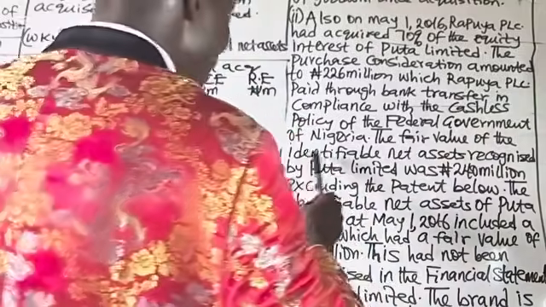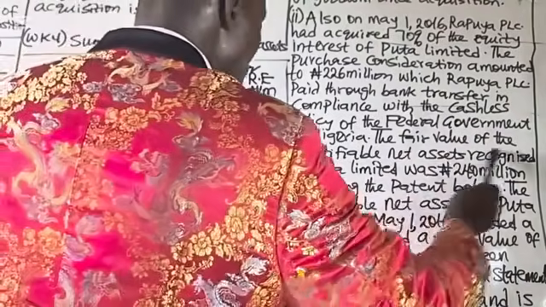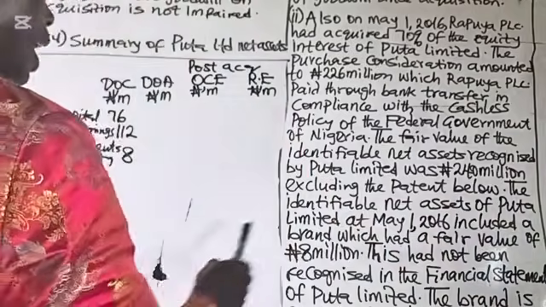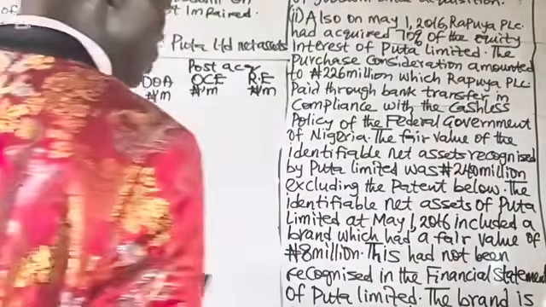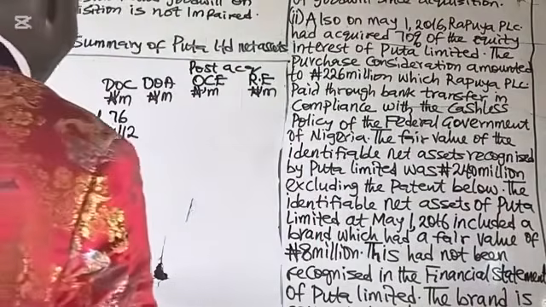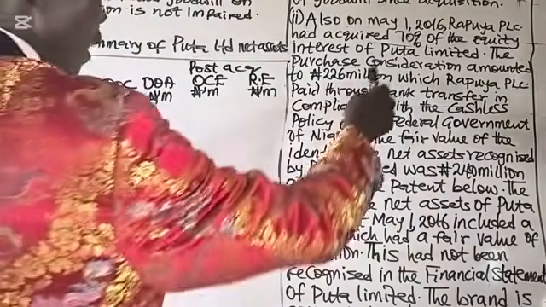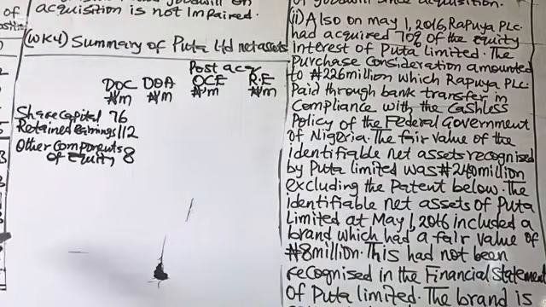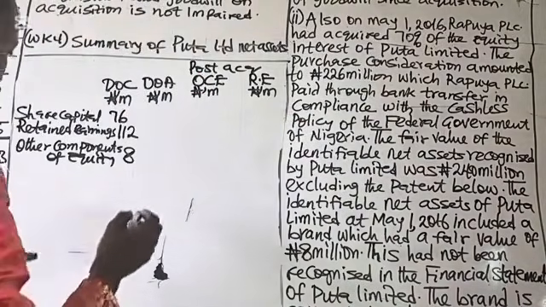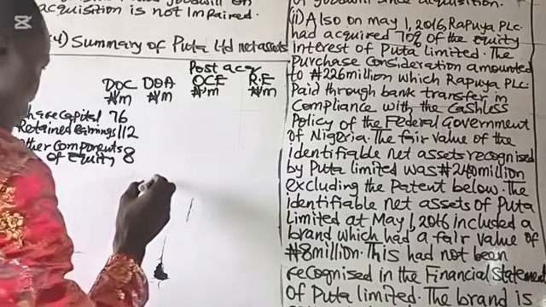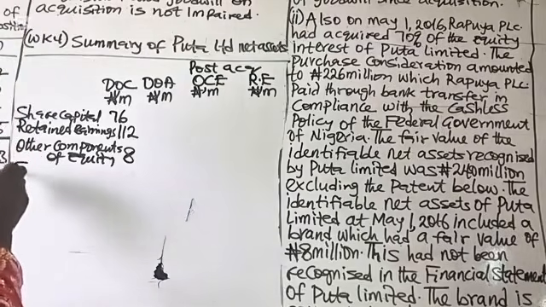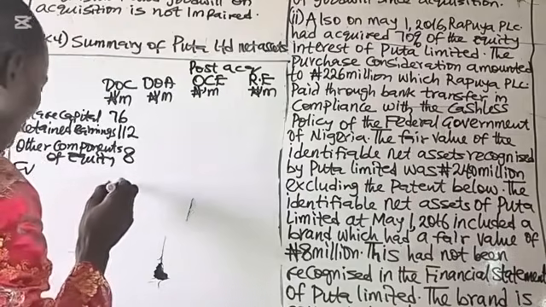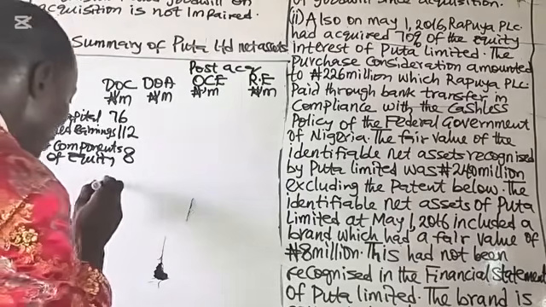The fair value of the identifiable net asset recognized by Puta Limited was 240 million, excluding the patent below. So you have the fair value of net asset at the date of acquisition, because this information relates to the acquisition date. So, and it amounted to 240 million. You could have a fair value gains or deficit. So you may have gains or deficit.